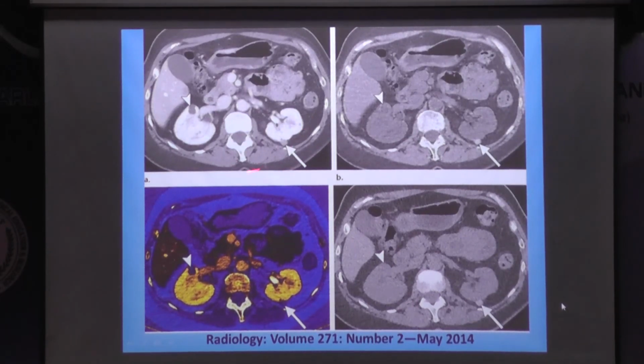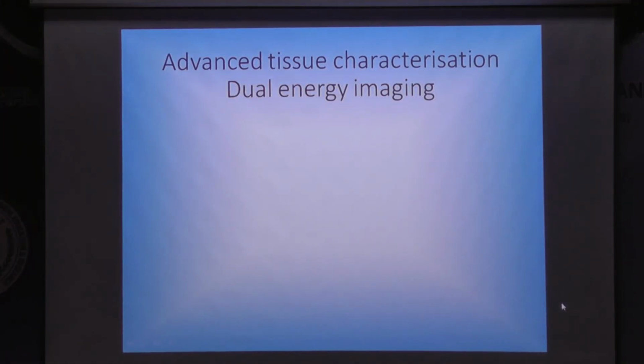This is the contrast image. From contrast, using dual energy application, you can pick up the iodine separately. Once you separate the iodine, you get something called an iodine map. After acquiring the iodine map, you can subtract it from the contrast study and get a virtual non-contrast image.